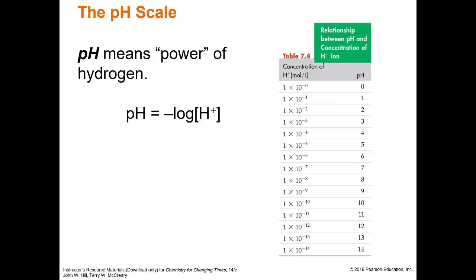Now, what does the pH mean? The pH is a logarithmic scale of the H+ concentration. So when you're hearing pH, what you're really hearing is 10 to the negative power of the concentration of H+. What the P stands for is negative log.